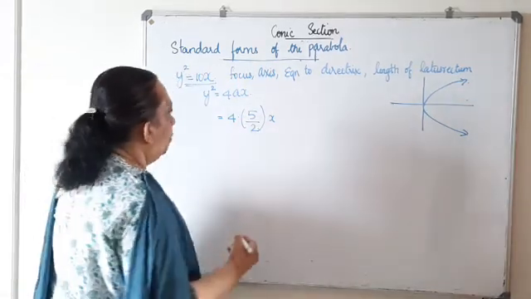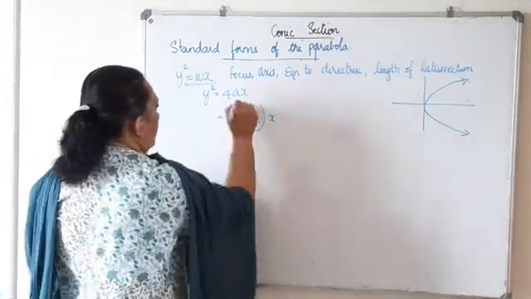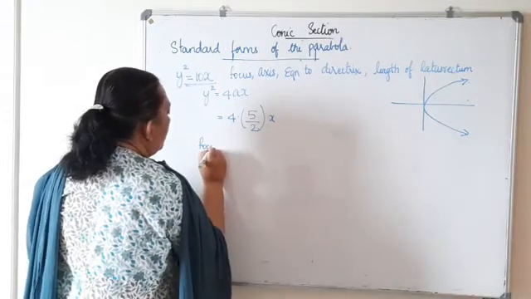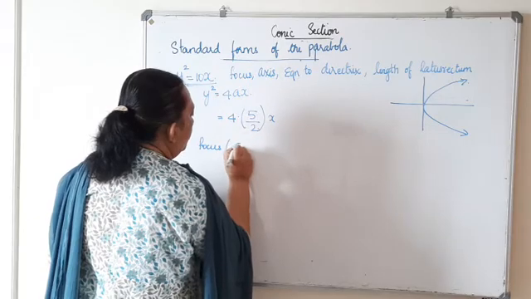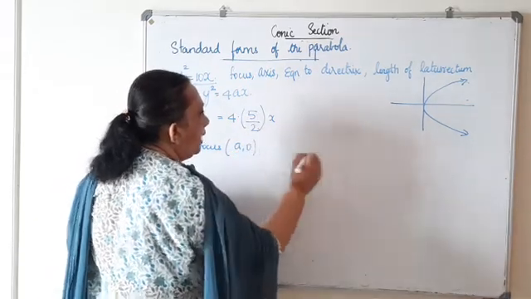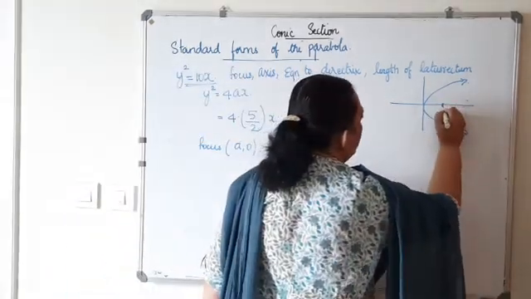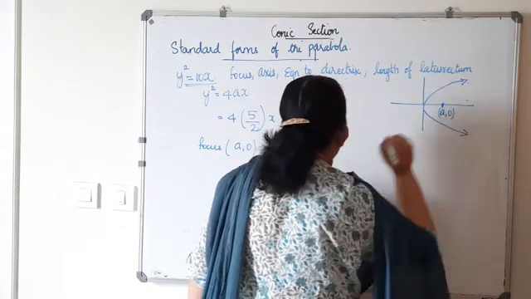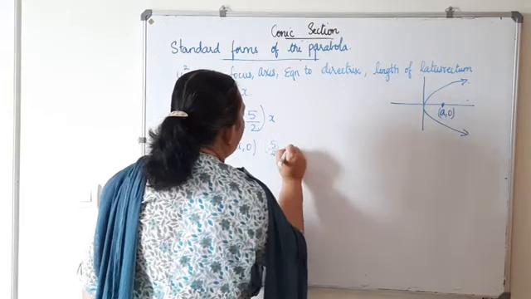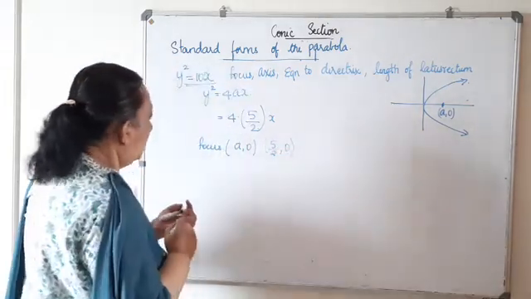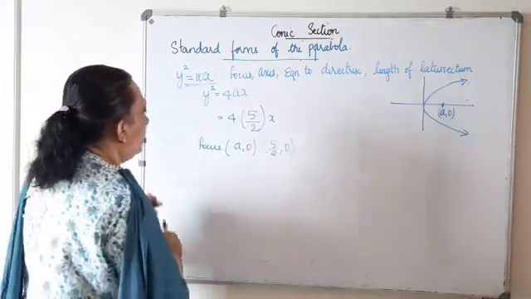So, what about the focus? When you compare, focus is equal to a comma 0, because it lies on the x-axis. So that will be 5 by 2 comma 0. What is the axis?